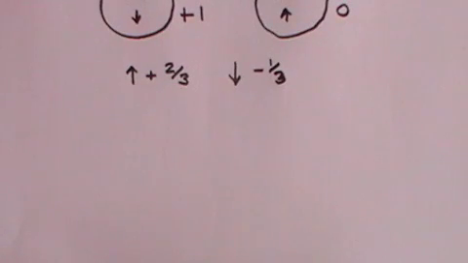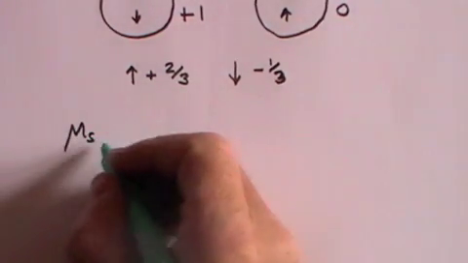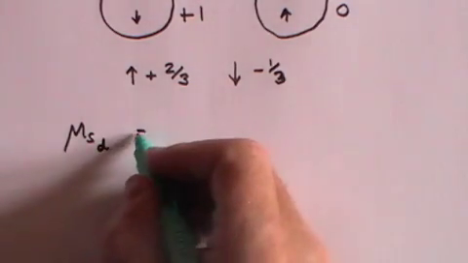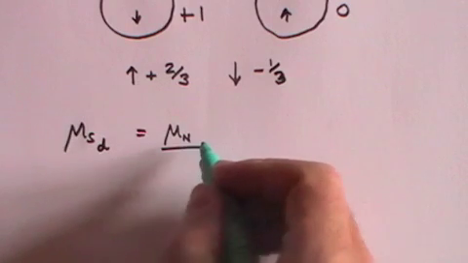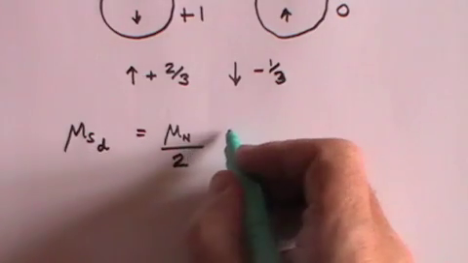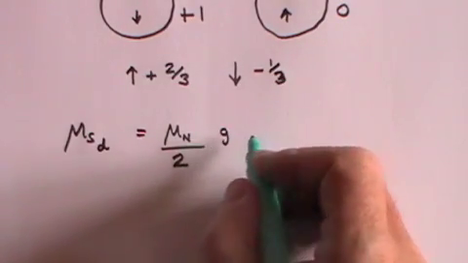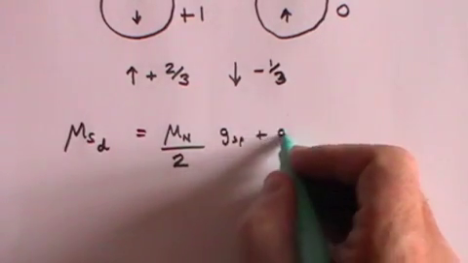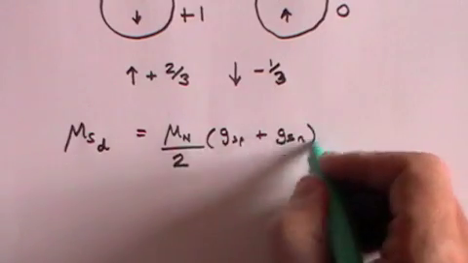So what happens if we want to know what the magnetic moment of the deuteron is? The combination of the proton and the neutron. Well, you might think that that will be the nuclear magneton divided by 2 times G spin for proton plus G spin for neutron.